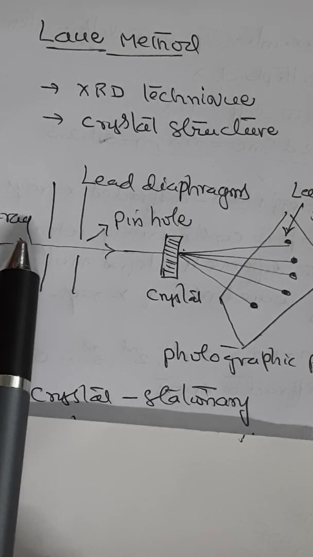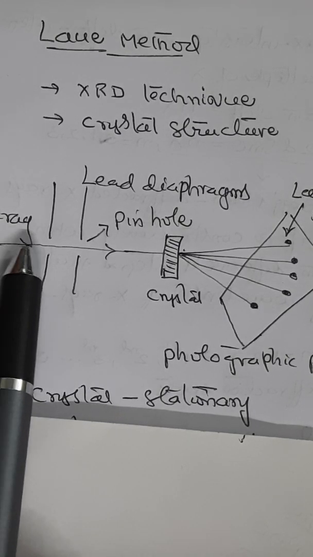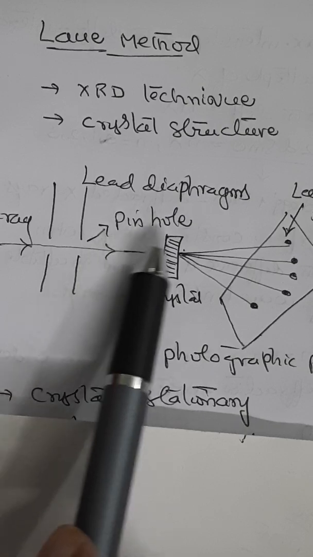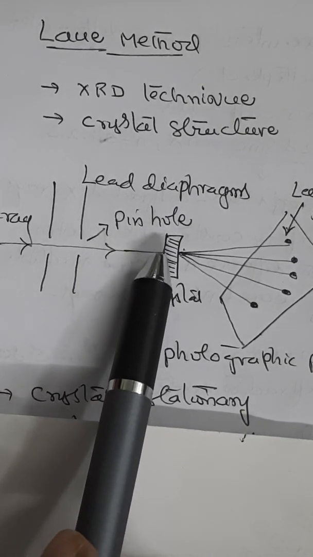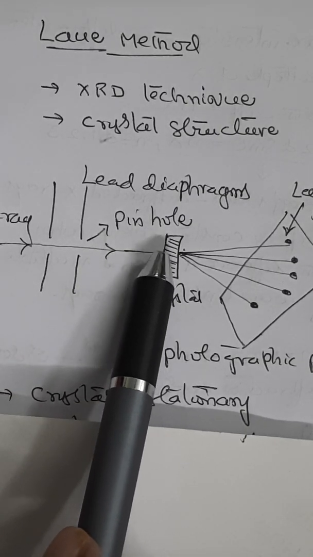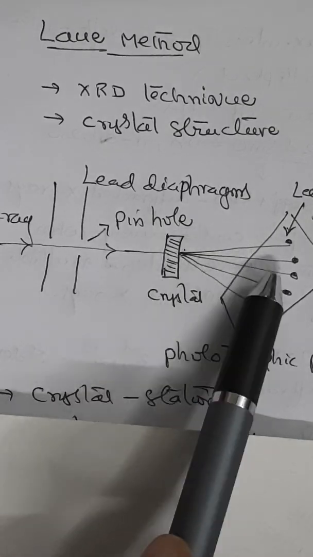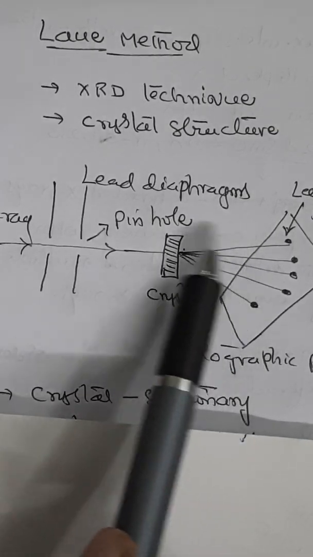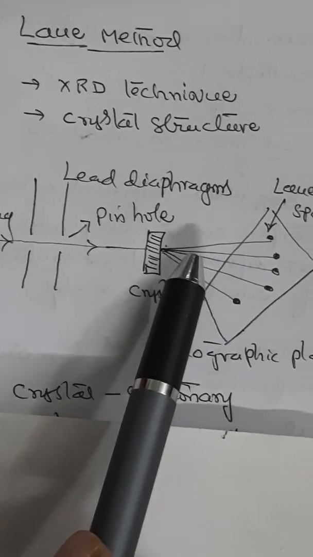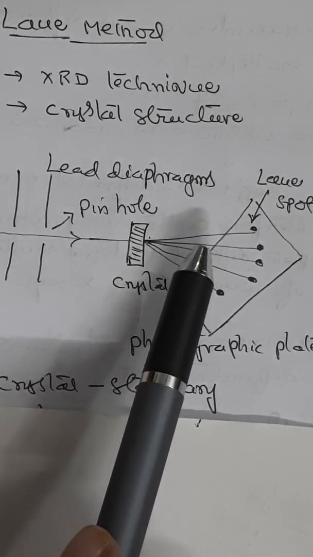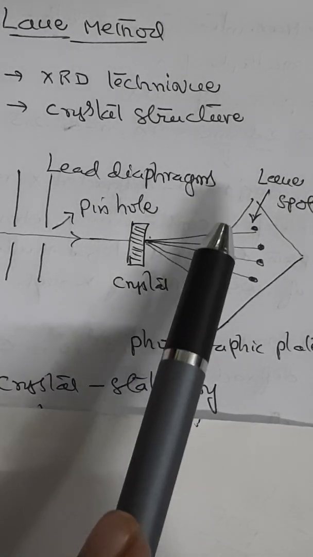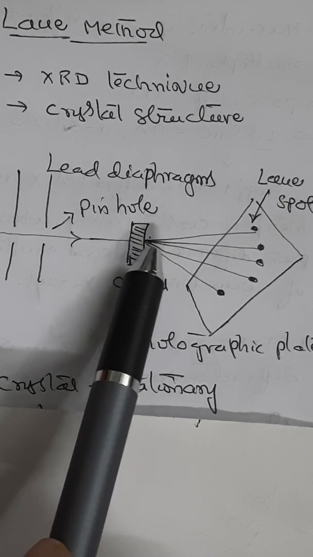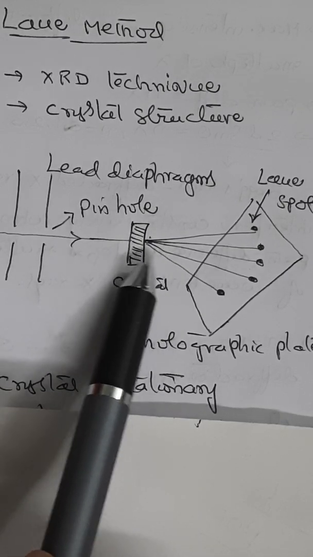So through the pinhole, the X-rays will be passing through and falling on the crystal. Having fallen on the crystal, they get diffracted into different diffracted beams, and the images are being observed on a photographic plate kept parallel to the crystal.